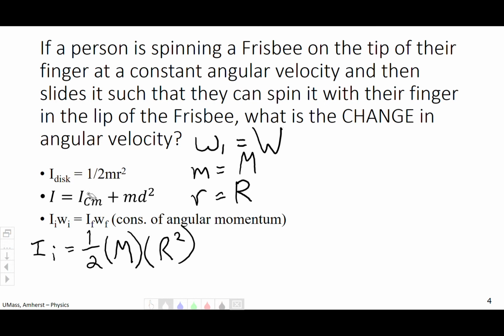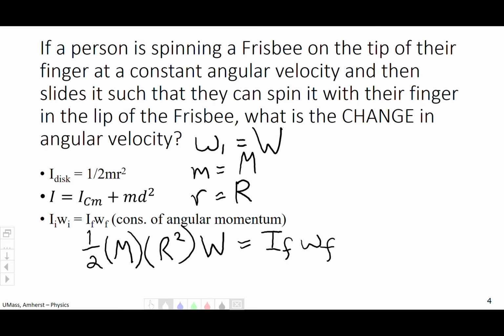And then our initial angular velocity is capital W. So we start with the initial moment of inertia multiplied by capital W, and this is the initial angular momentum. This is going to equal I final omega final.